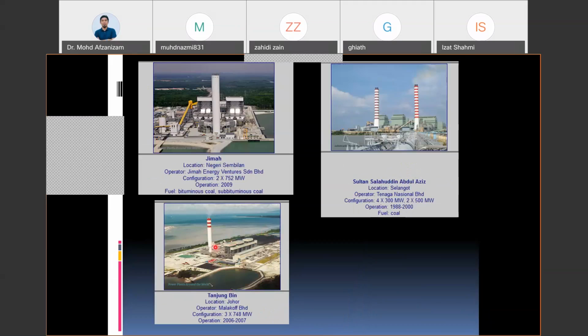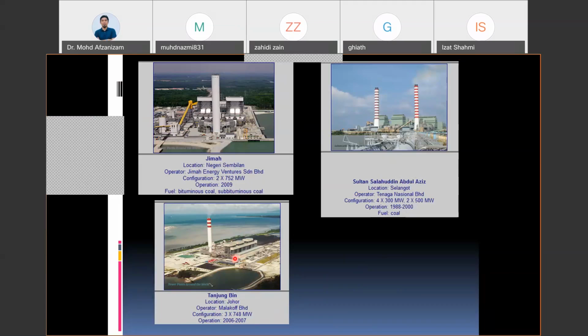We arranged during the class session to visit this Tanjung Bin power plant. So the students have the opportunity to ask directly to the engineers over there, have a short visit throughout the plant, and also share the findings related to the operating system of that particular Tanjung Bin power plant.